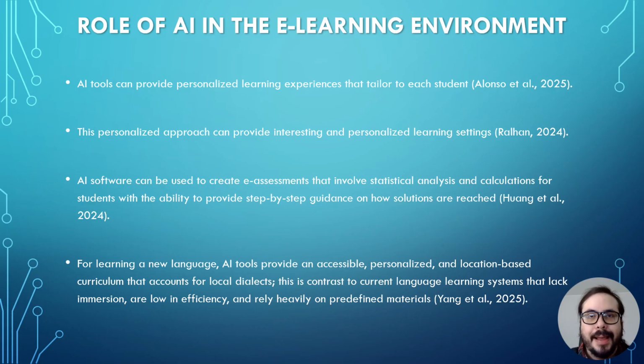So what can AI actually do? What is its role in the e-learning environment? Well, it can provide personalized learning experiences that are tailored to each student. This means that students at different learning levels can get personalized feedback based on that level. A lot of the time in physical classrooms, even online environments, there are 20 plus students.